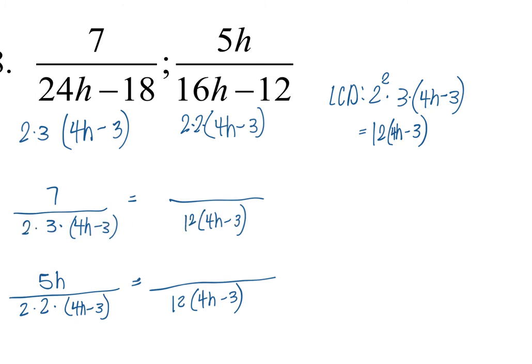So all you need to do is multiply it by 2, and what you do to the bottom, you must do to the top. Let's double check that: 2 times 2 is 4, 4 times 3 is 12, so that works. Now the top just becomes 14. On the bottom expression, you have 2 times 2, so 4 times 4h minus 3. What can we multiply 4 by to get 12? We can multiply it by 3, so that becomes 15h.